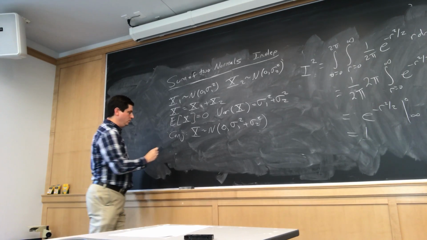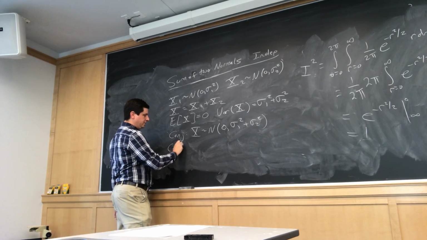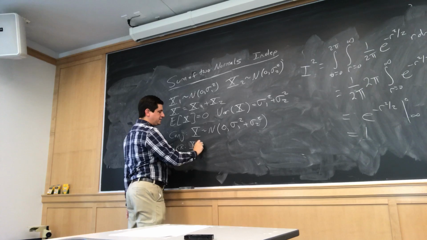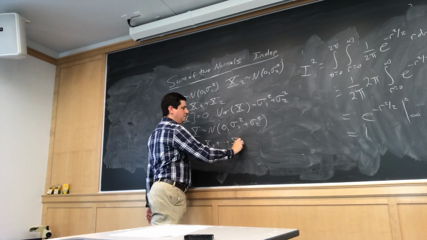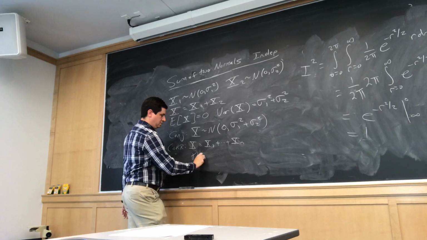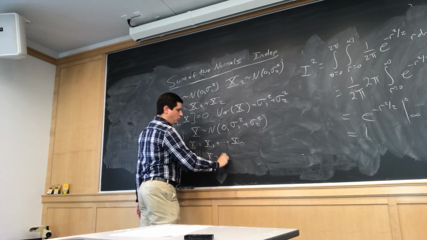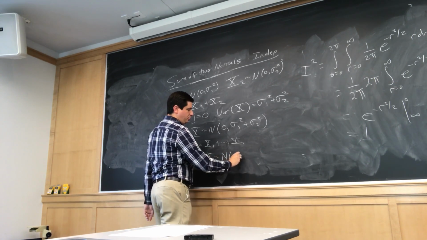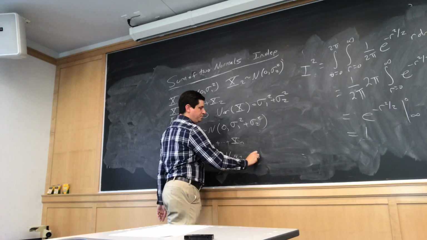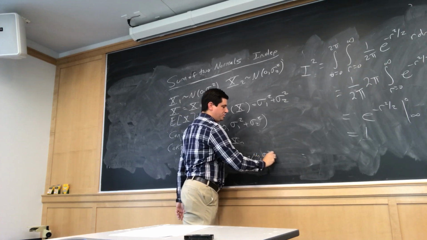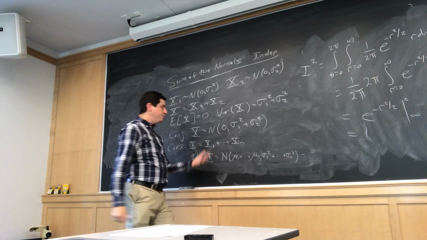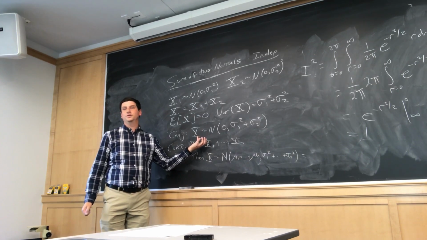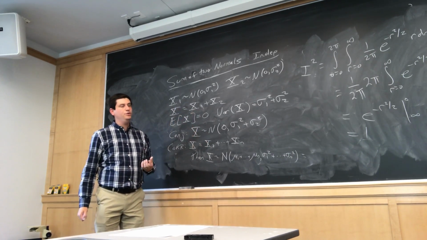And if true, then as a corollary, if you had x equals x1 plus through xn, then x would be normal with mean, in the most general case, mu 1 plus through mu n, and variance sigma 1 squared plus through sigma n squared. And the proof would just be the parentheses as before, just as we did for uniforms.